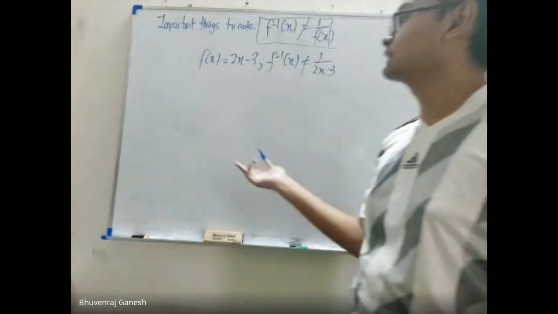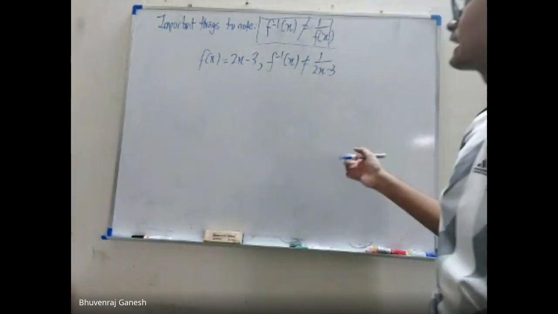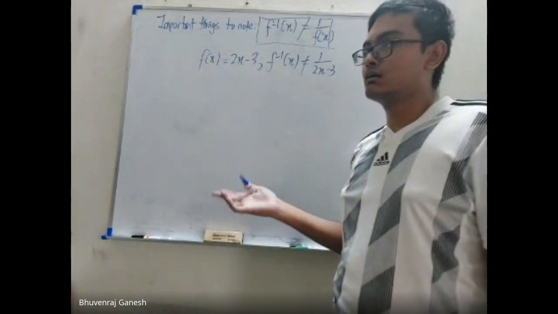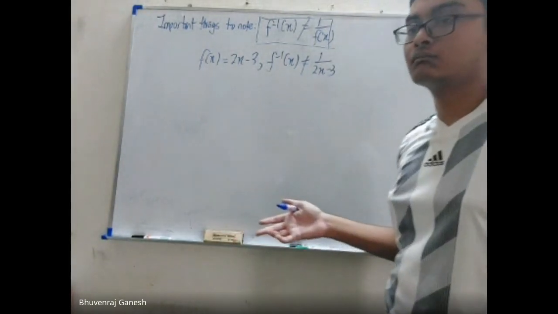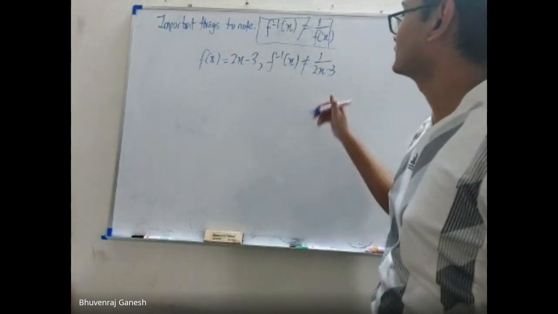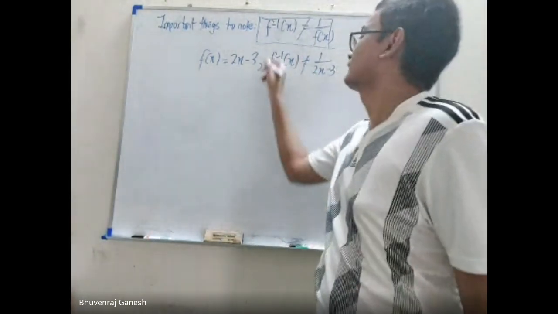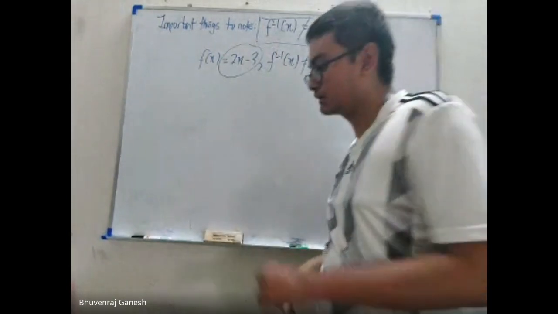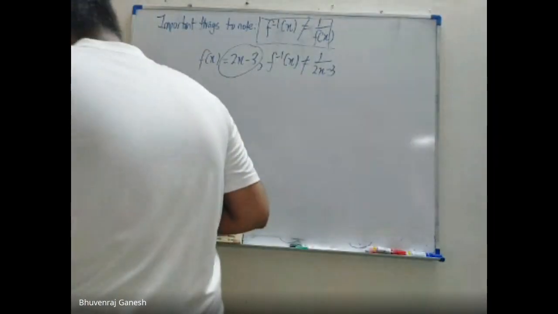That's why we have to shift variables here and there. It's expressing the equation x in terms of y so that we can find back the f inverse x. So it's not just by doing 1 over the equation given in the question. So that's one common misconception.